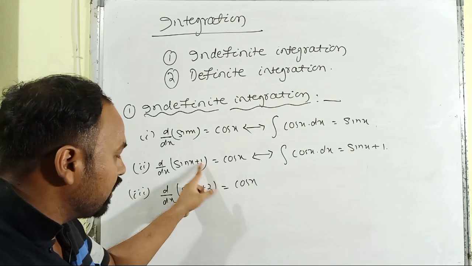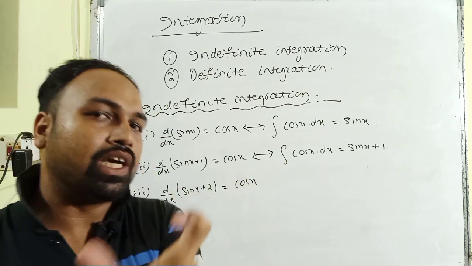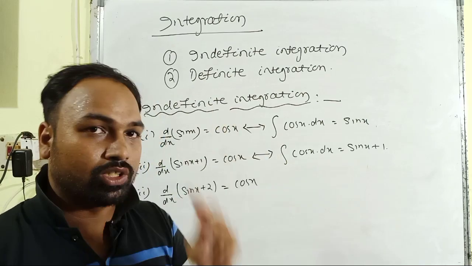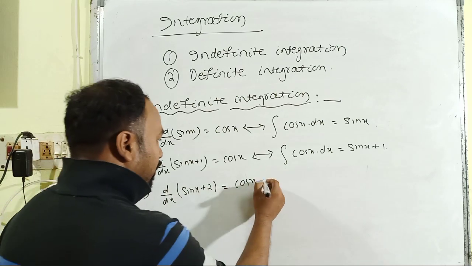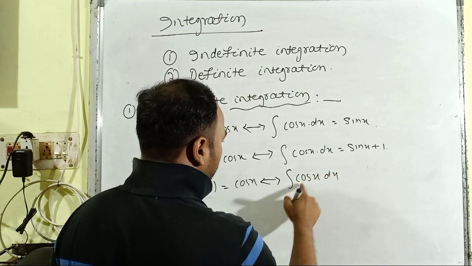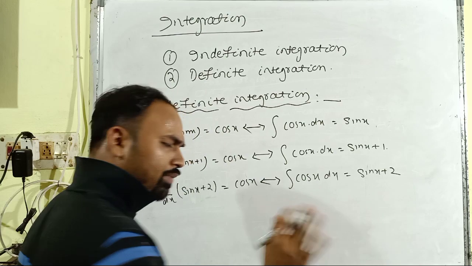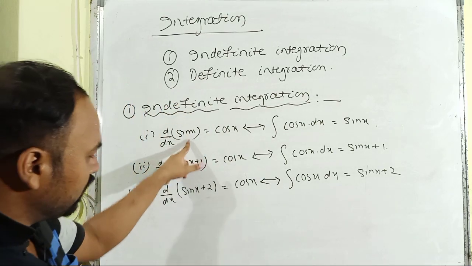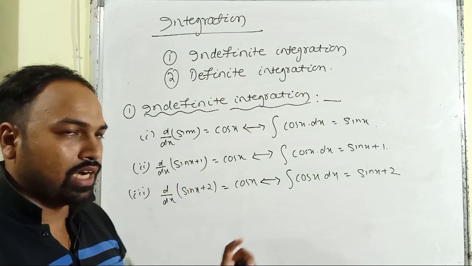You can see that here is a constant, here is a constant, and in the previous example f of x was added with 2, that means it was also a constant because its derivative is equal to 0. So by reversing this condition we can have the integral of cos x with respect to x, and it is sin x plus 2. That means it is very much clear that these functions are added by a constant here.